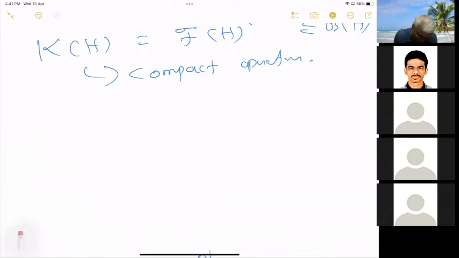If we take the closure of finite rank operators, that gives compact operators. Since not all operators are compact, which we will see, the compact operators are a subspace of all bounded operators. Of course, when it is infinite dimensional. In finite dimensional, everything is the same.